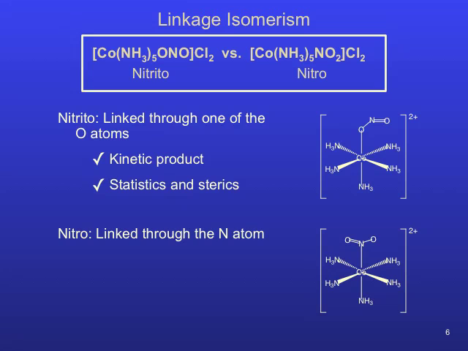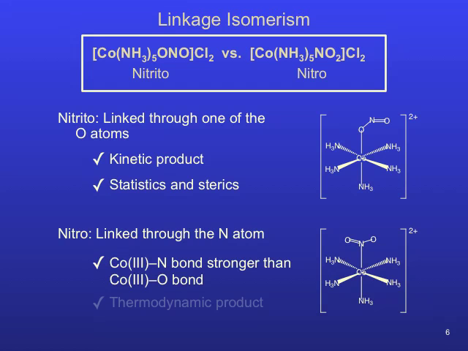The nitro isomer uses the nitrogen atom in NO2 to form the dative bond, is the more stable linkage isomer, and is called the thermodynamic product, and its formation can be hastened by heating the kinetic isomer. An equilibrium is eventually reached where both products are present in any sample which originally contained only one of these linkage isomers.